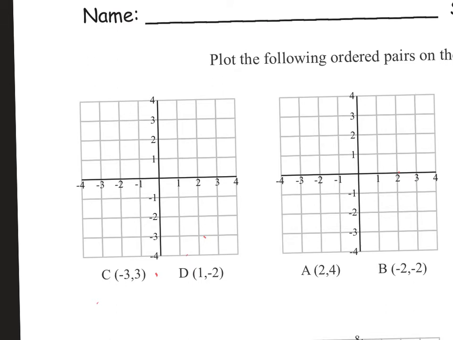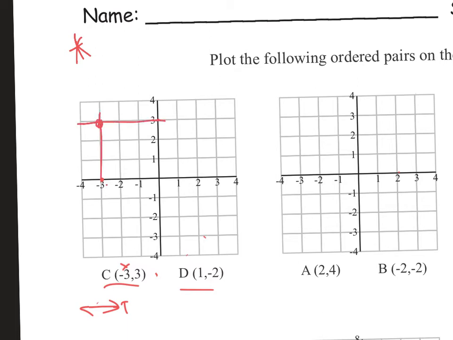The first problem I'm gonna do is this first one on the page 1, right? This is the first one on page 1. And I'm gonna plot C and D. So C is -3, 3. So we go across first, right? And then we go up and down. So the X value is at -3 and the Y is at 3. And so where do these 2 cross?